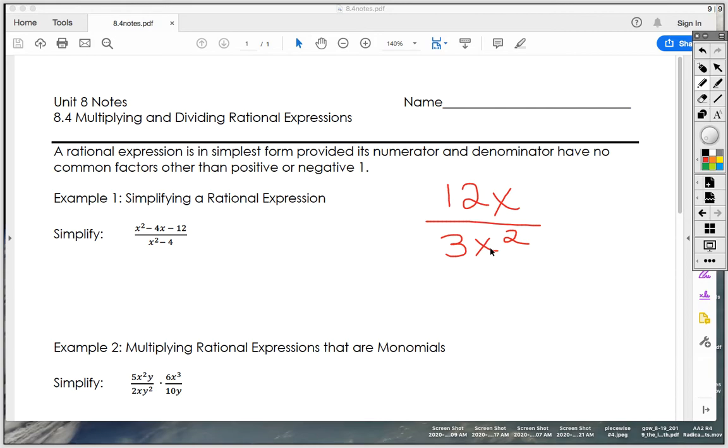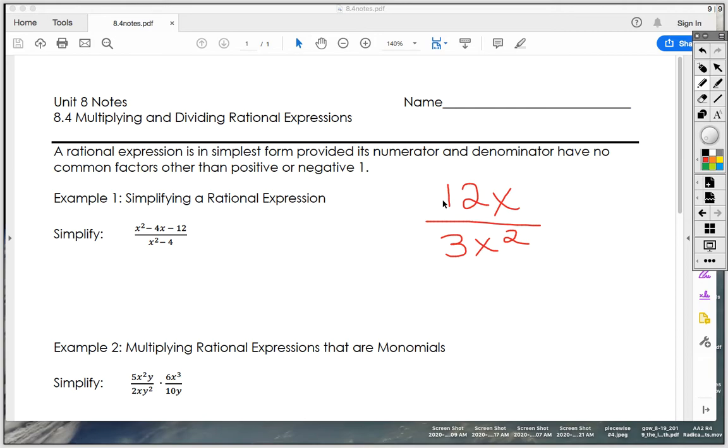Now, the way I like to think about these may be very different than your previous teachers have explained them. And so I want to spend a few minutes explaining this because it will make a lot more sense when we look at this. I always break my numbers down into factors. Okay, so I know that 12 could either be 2 and 6, 3 and 4.